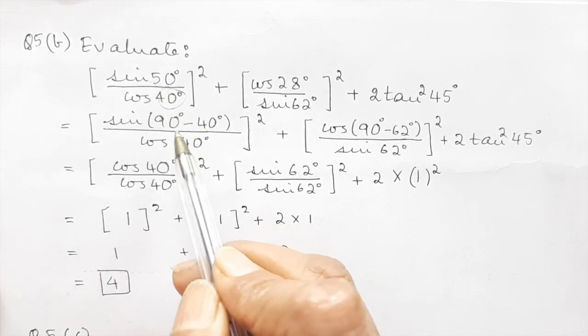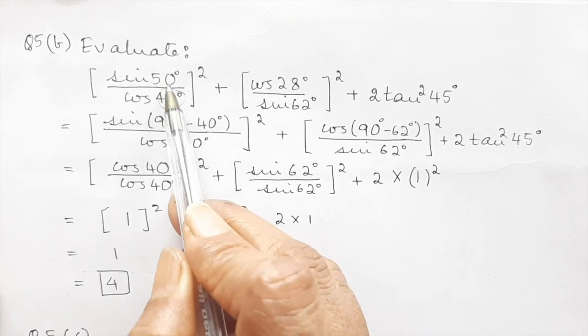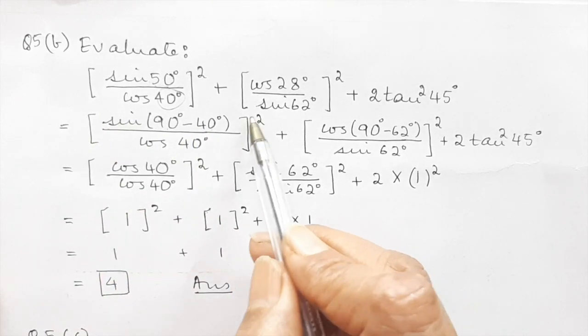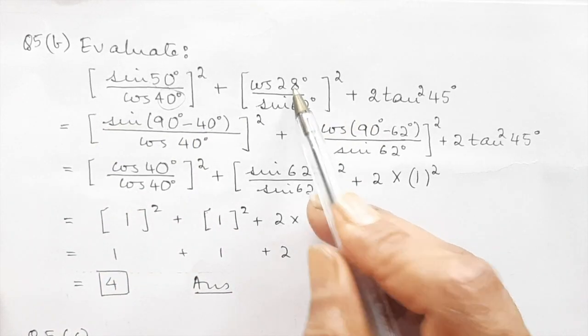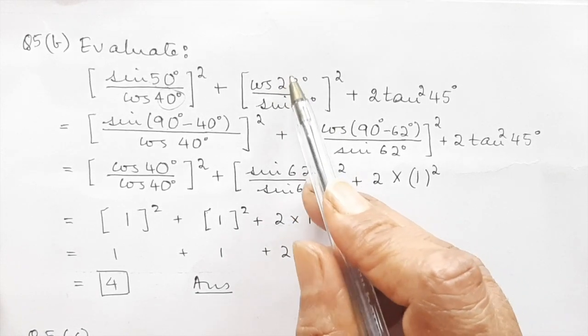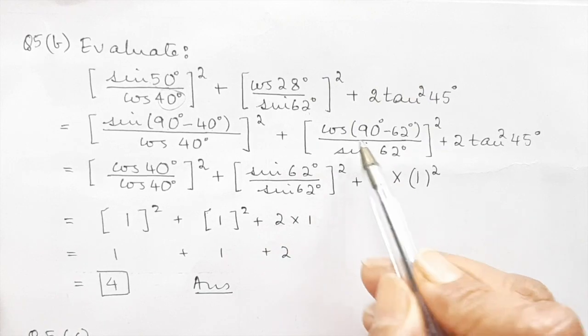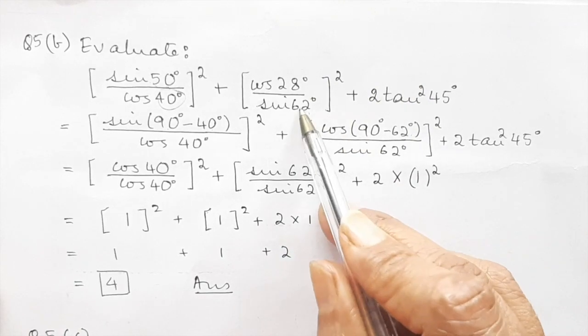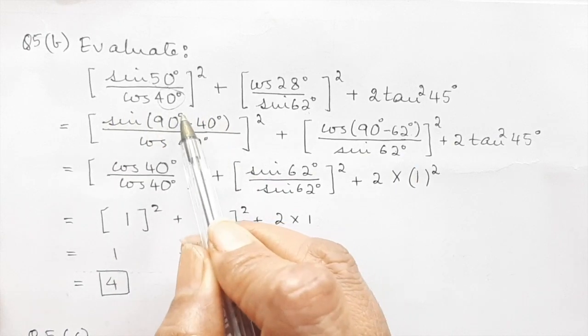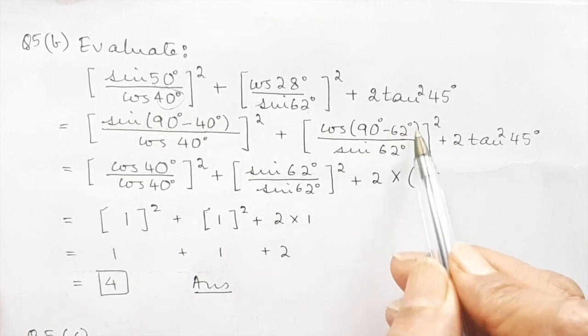See this? 90 minus 40 is 50. Only thing is that we change the format. Keep everything just the same. Now here 28 and 62. This 28 will be written as 90 degrees minus 62. See there? And this as it is. Now change only the numerator here and the numerator here.